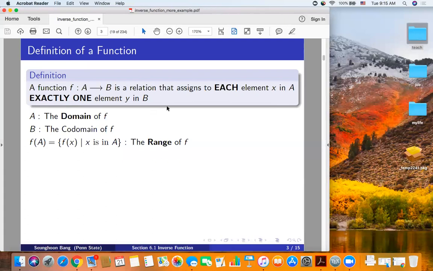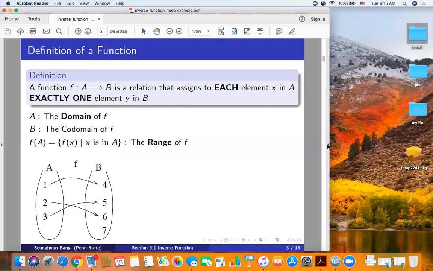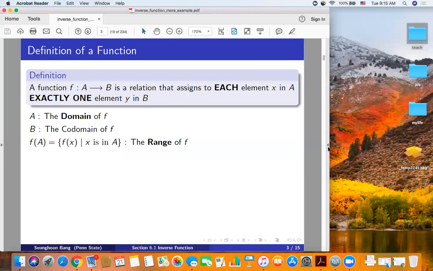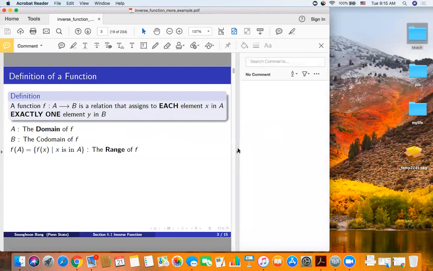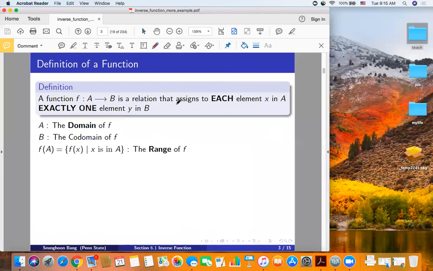One more, the notation of a function. The notation of a function is y equals f of x.